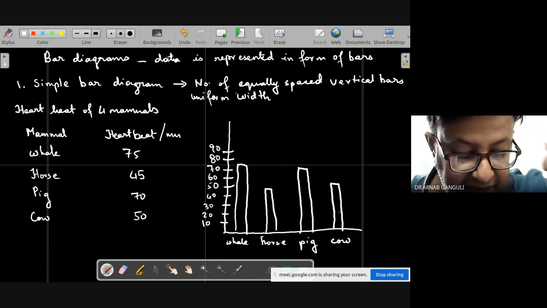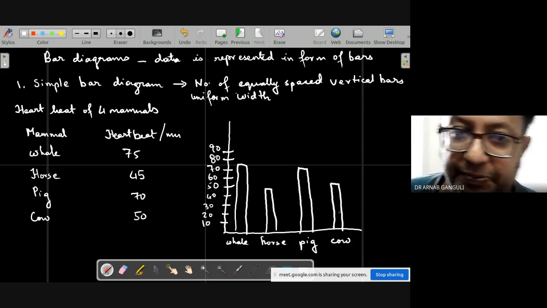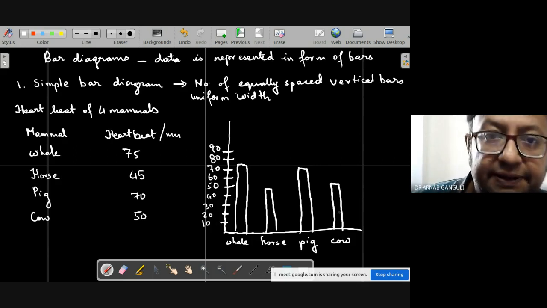Now we will go to multiple or group bar diagrams.